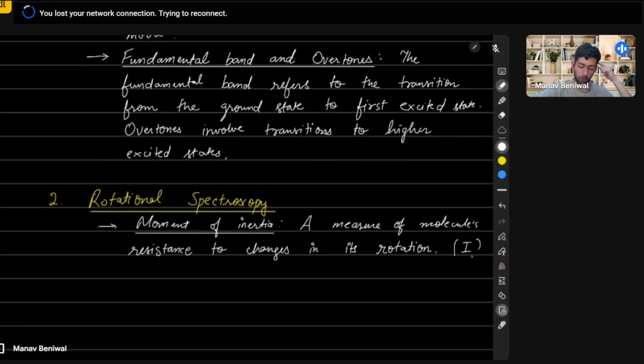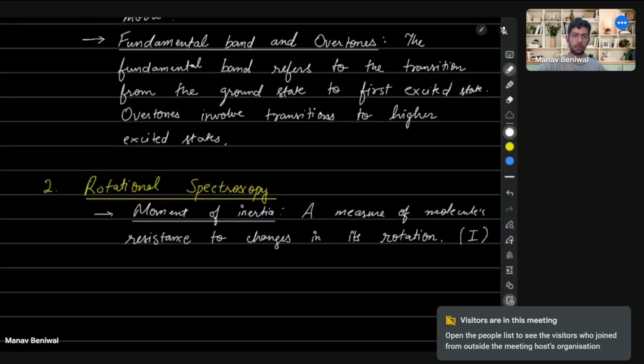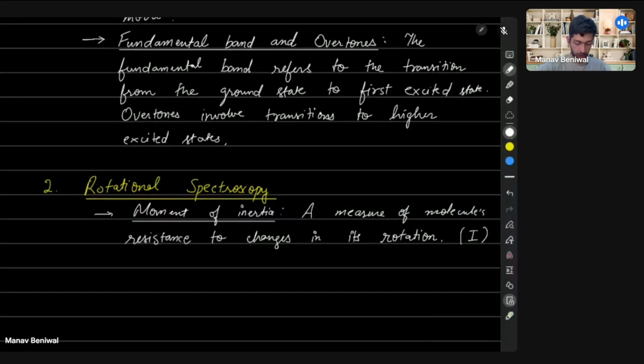We'll solve some problems where we will find the moment of inertia of molecules. Then there is one more thing, which is rotational Raman spectra.